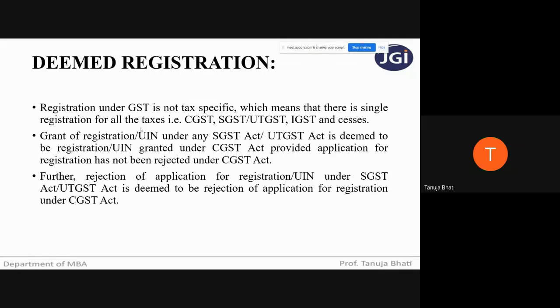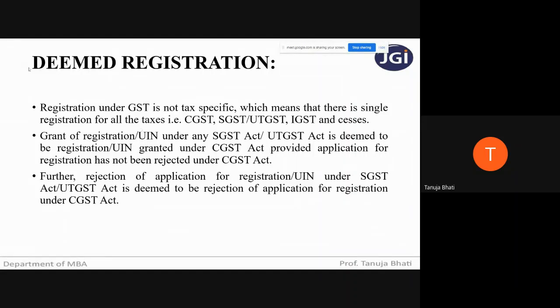You need not register separately for the different taxes you're charging: CGST, IGST, UTGST, SGST or cess. Once you have taken registration under the SGST Act, it is deemed that you have taken registration under the CGST Act, UTGST Act, IGST Act, and cess.